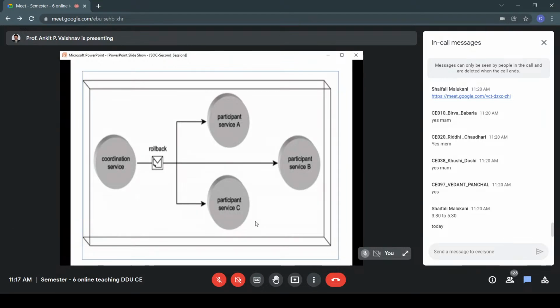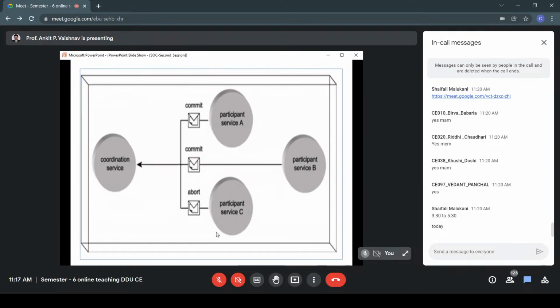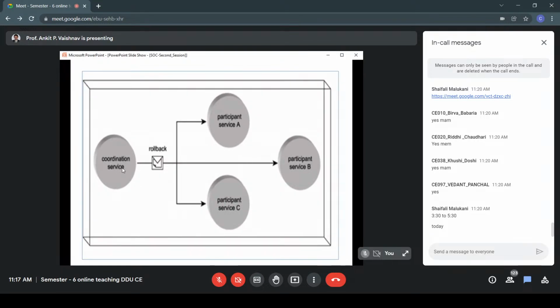Okay, so let us resume. Those who are in SPM's lab, you remember this link, right? Just save it so that you don't lose it. Okay, so we were discussing that if any one service responds with an abort, then in the previous slide, finally a rollback is sent to all the services.